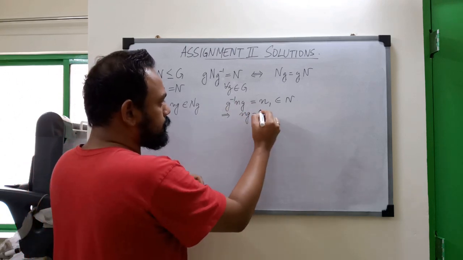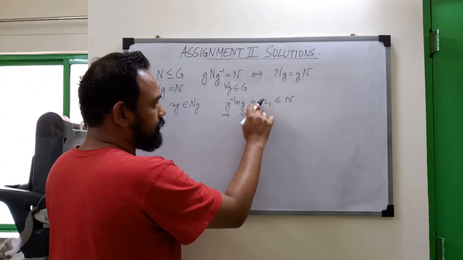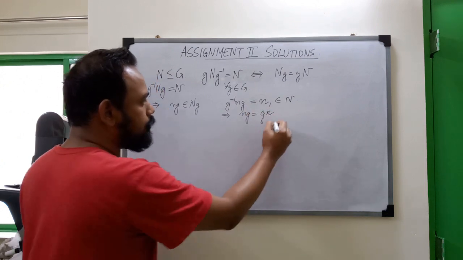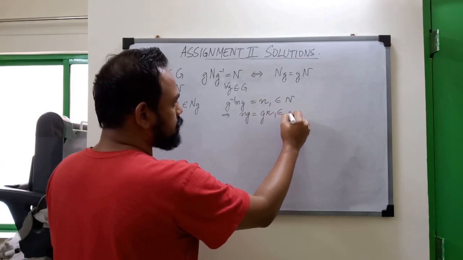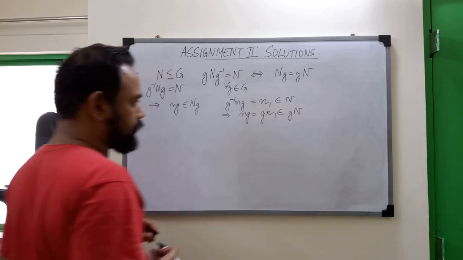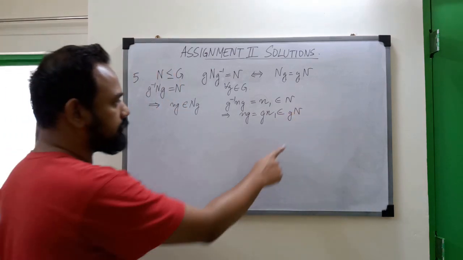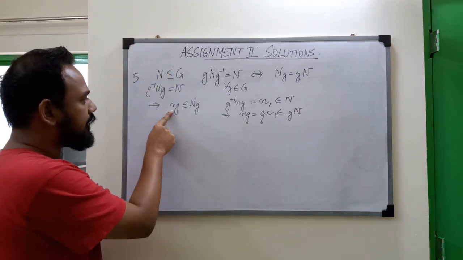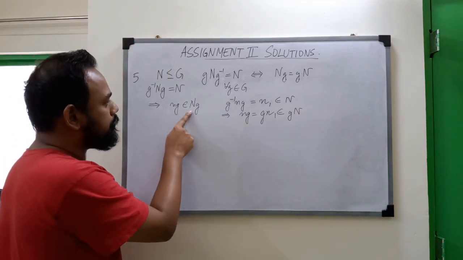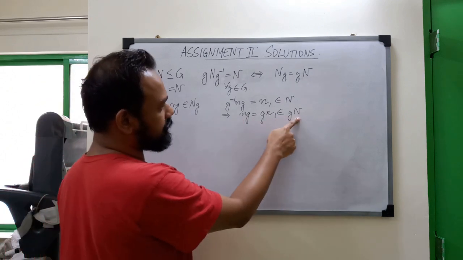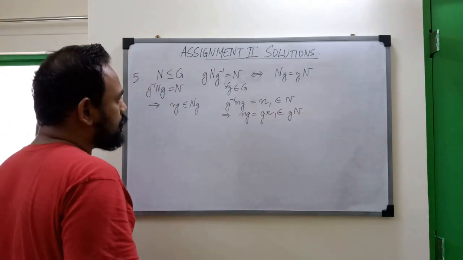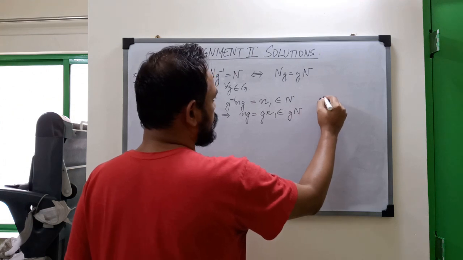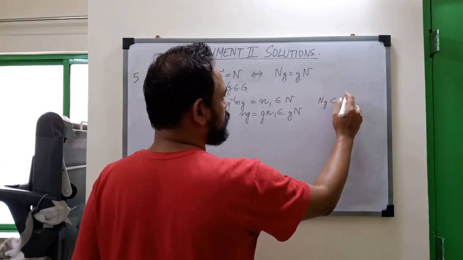On the right, you would have g with n1, and that's an element of the left coset of N by small g. So we started with an element of the right coset, Ng, and found that it was an element of the left coset. Therefore, the right coset must be a subset of the left coset.